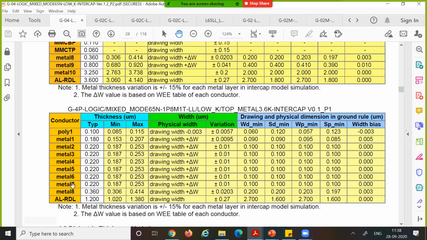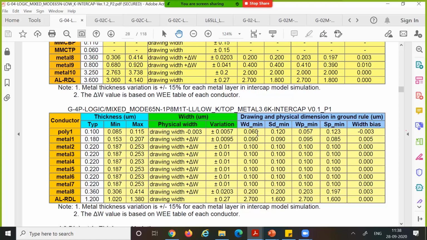In a 65 nanometer technology, the minimum gate width, which is actually the length that we consider in our MOSFET calculation, is 0.06 micron. Basically it is 60 nanometer. So when we say 65 nanometer technology, the minimum gate length can be 60 nanometer.